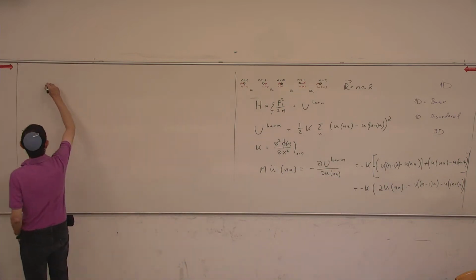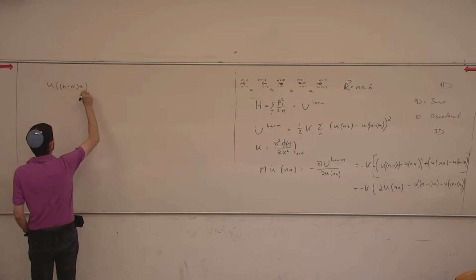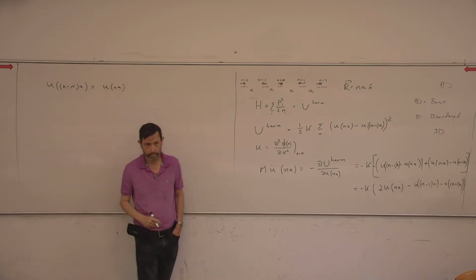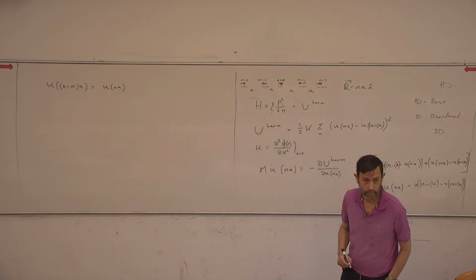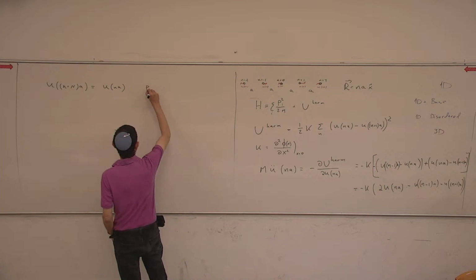So I want that U of N plus n equals U of n, so this is cyclic or periodic boundary condition.